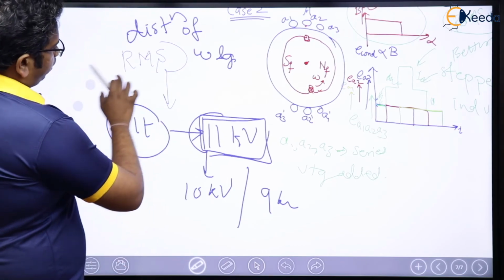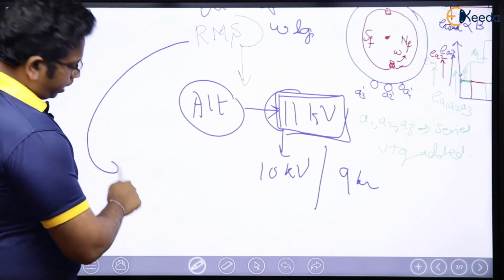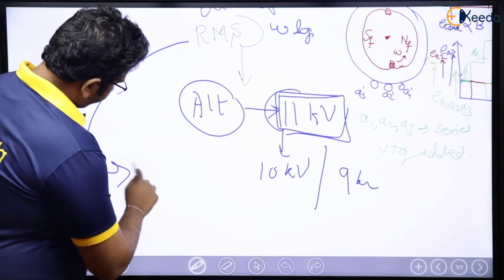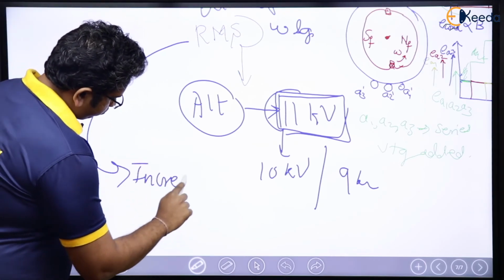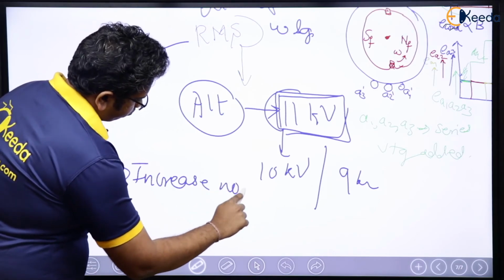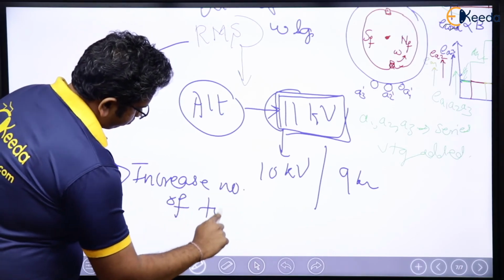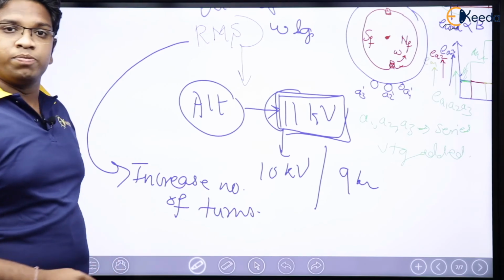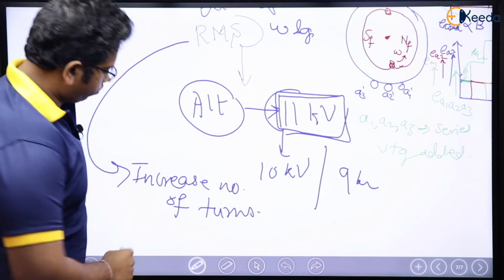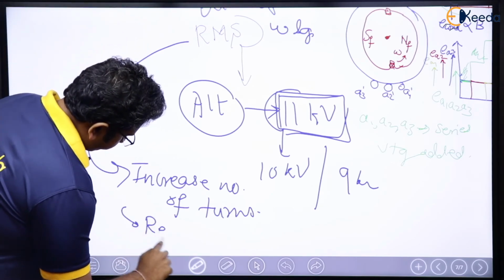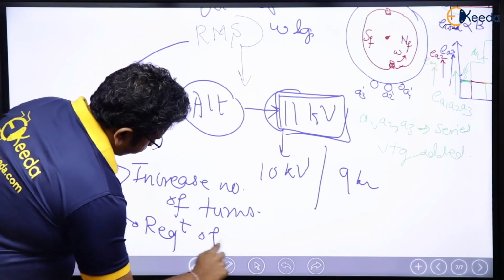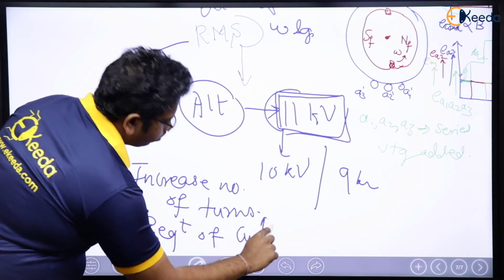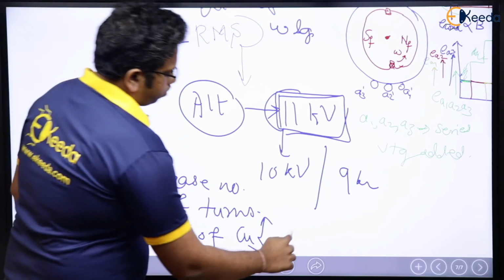Which means when the RMS value is reduced, I have to increase the number of turns, which means the requirement of copper is increased, which means cost is increased.